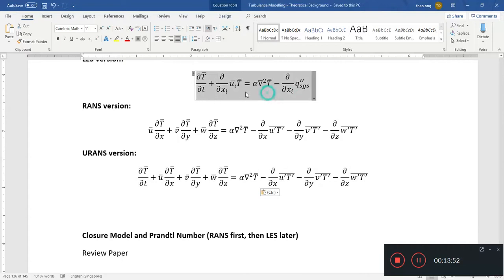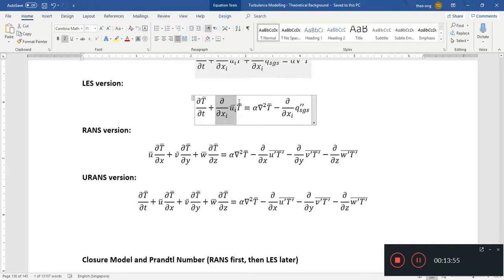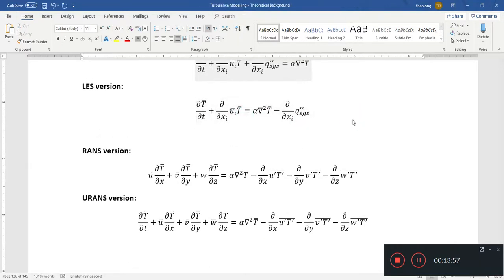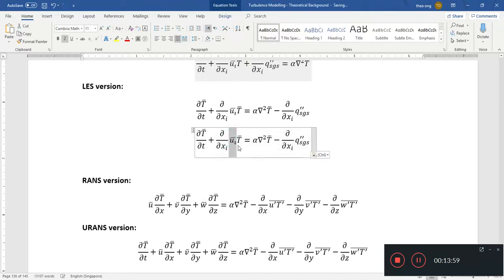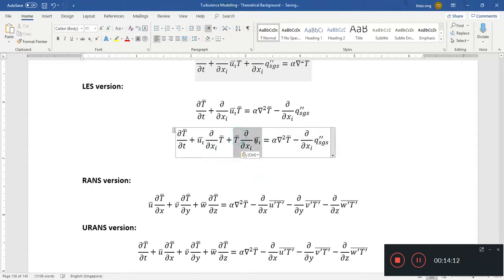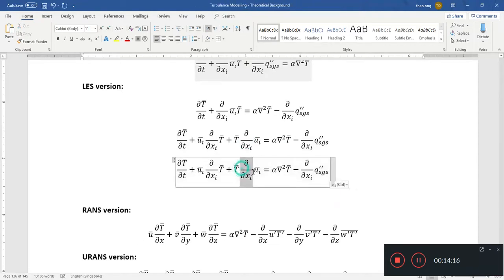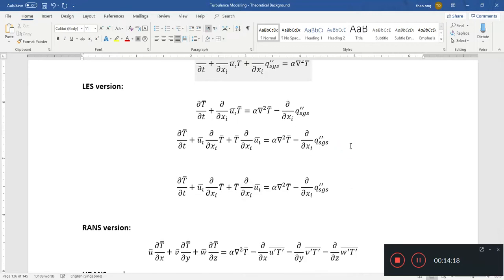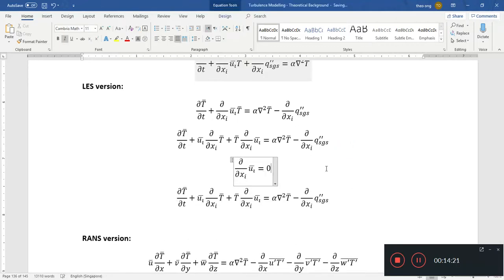I can also change this here. I'll expand this differential out. Now obviously this term is 0. This term here, the filtered velocity, the continuity equation, equals 0.